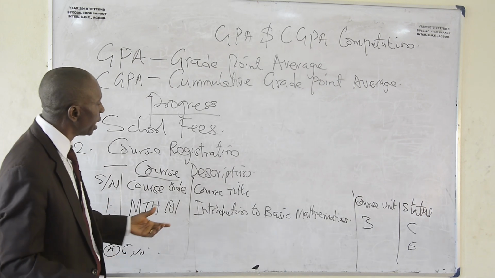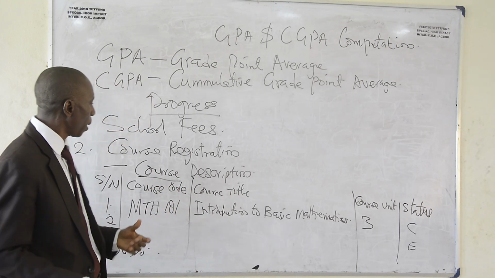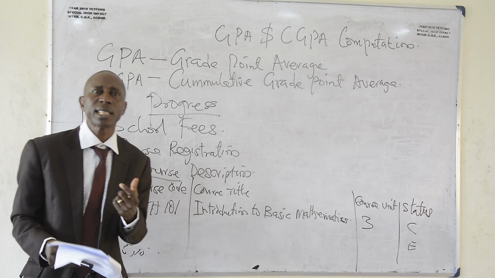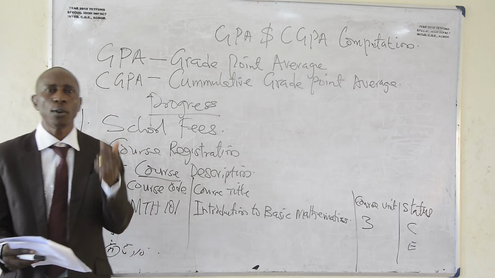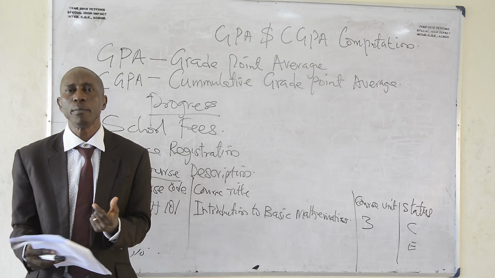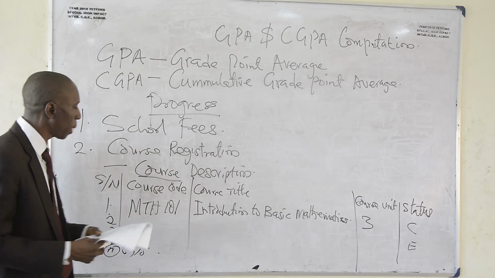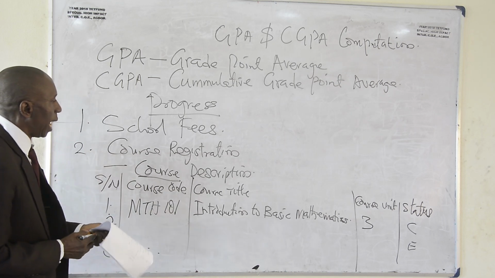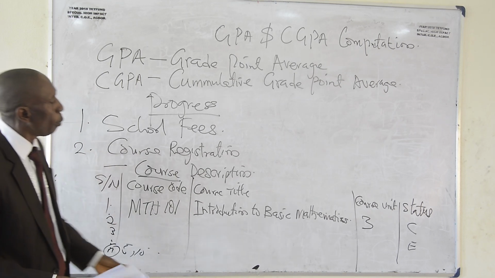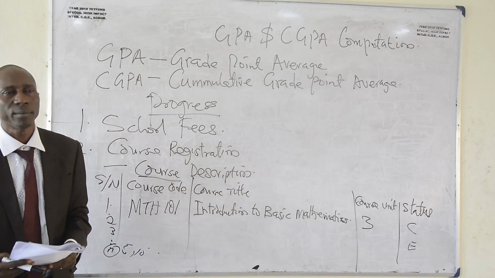And in UNIDEL, we have sectional registration. It means that you are going to register your first semester and your second semester at the same time, precisely at the beginning of the session. And so these courses are made up of elective and core courses.